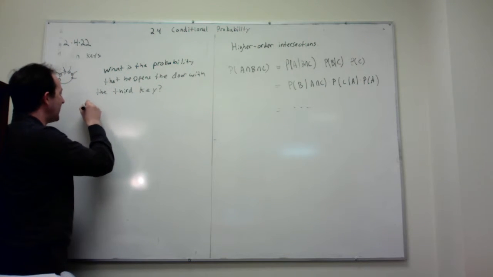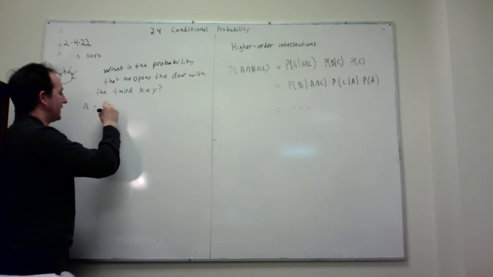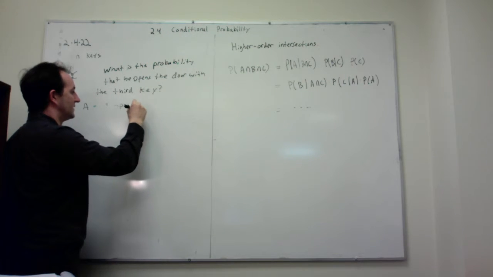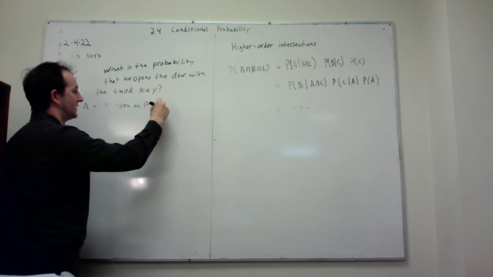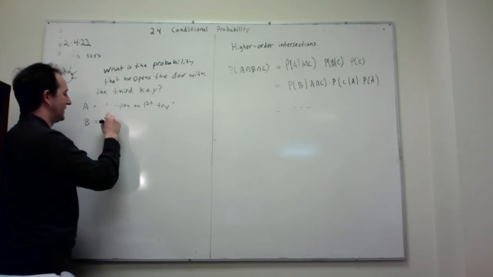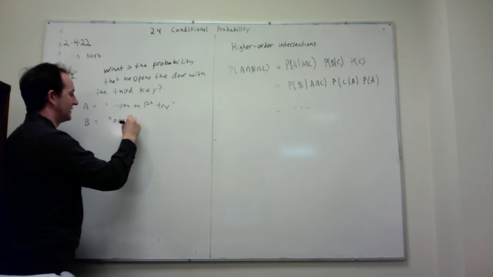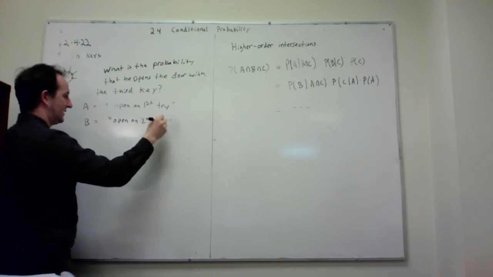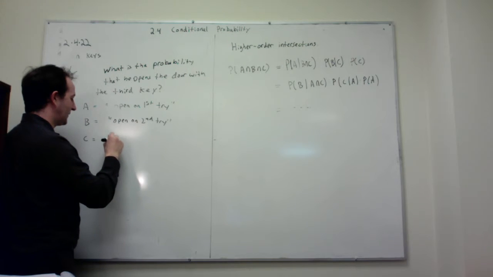Let's let A be the event open on the first try, B be the event open on the second try, and C be the event open on the third try.